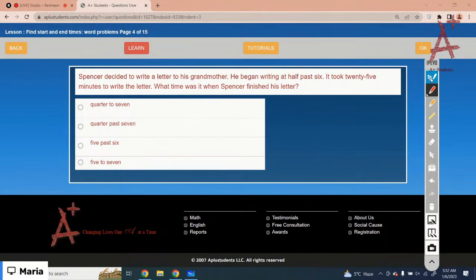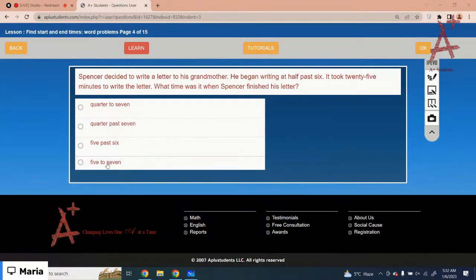What time is it when Spencer finished the letter? So he started at 6:30. It took 25 minutes, so just add 25 minutes. So it would be 6:55. Got it? It is 5 to 7. The correct option is the last option. 6:55 means 5 to 7. So that is the correct option.